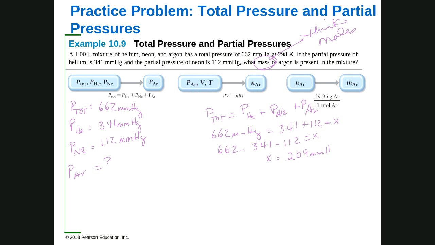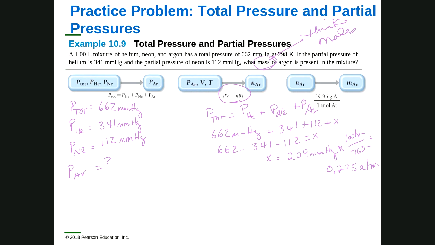I need to figure out how many moles that is. If I'm going to do that, I'm going to use my PV equals nRT formula. So I need this in atmospheres: 1 atmosphere over 760. And that's going to give me 0.275 atmospheres.